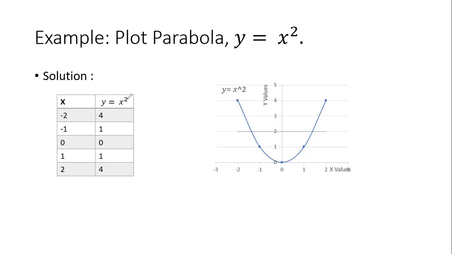But keep in mind, a parabola is not a straight line. For a straight line, just 2 points is good enough. But since this parabola is a type of curve, 2 points is not enough at all. It's coming down and going up, so around the vertex, we have to get a couple of points at least.